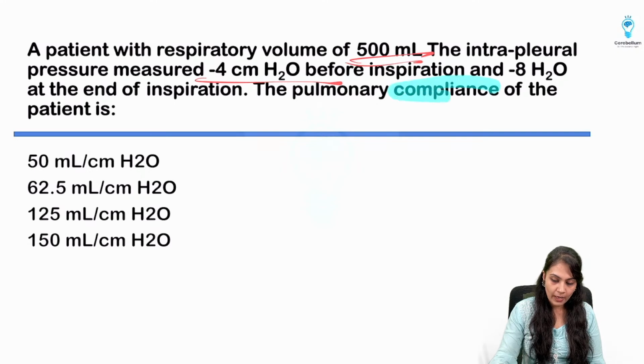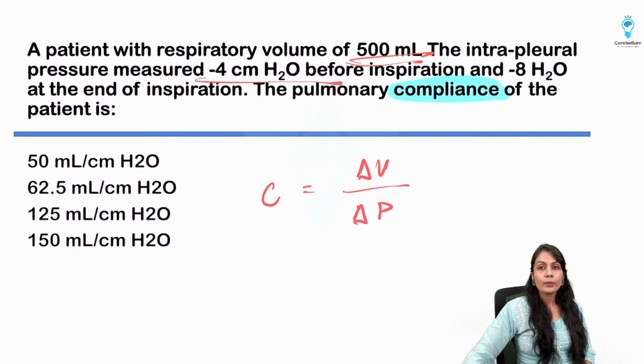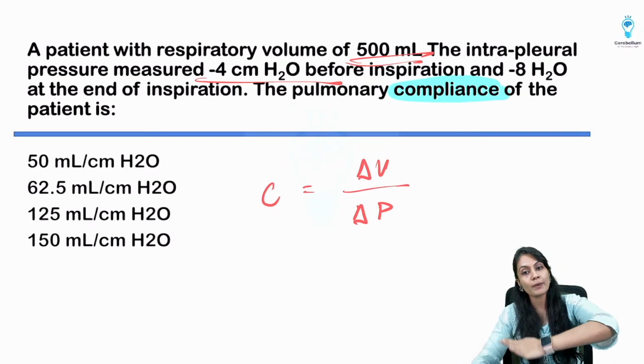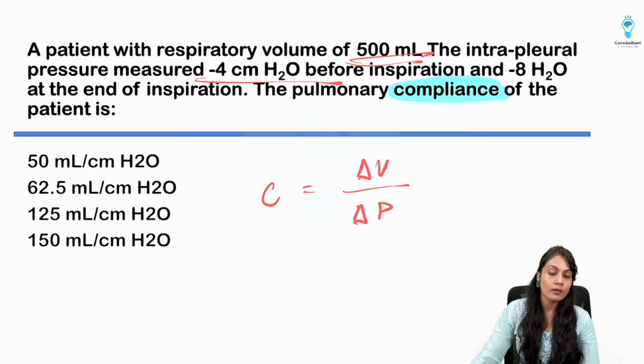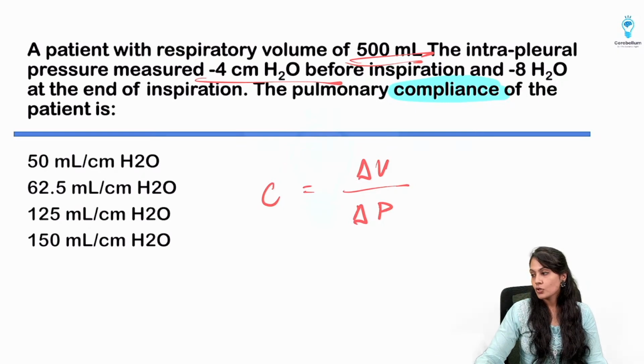What is the formula for compliance? The formula for compliance is delta V by delta P. We are going to check the change in volume per unit change in pressure. So tell me what is going to be the answer.